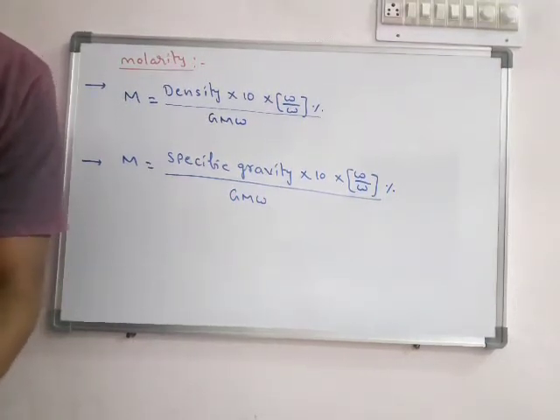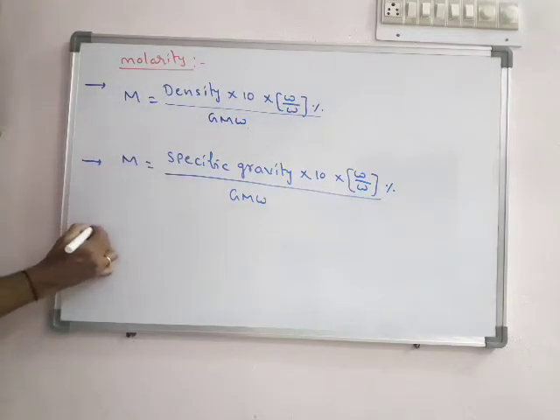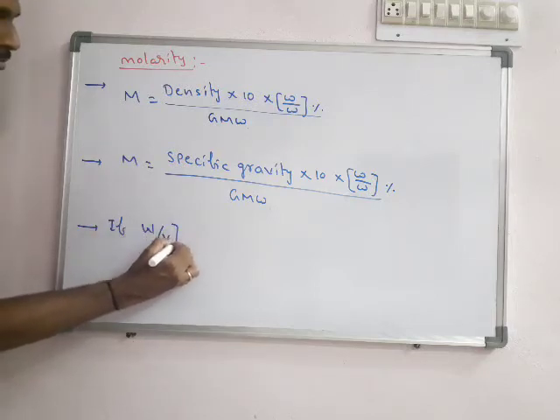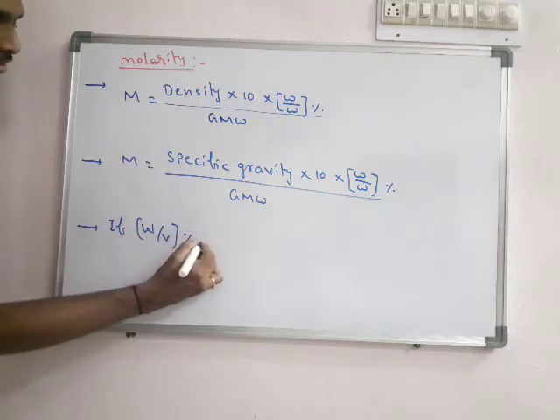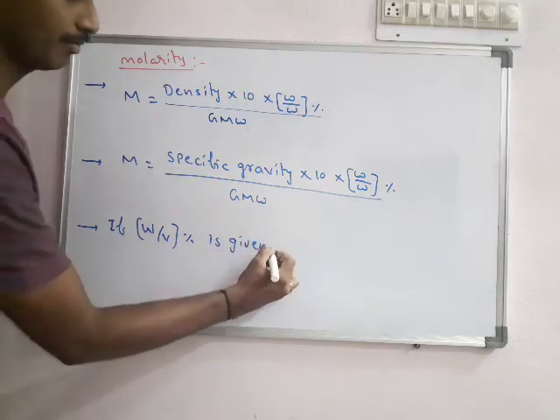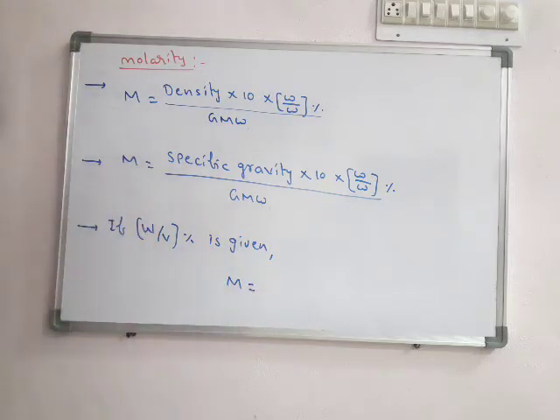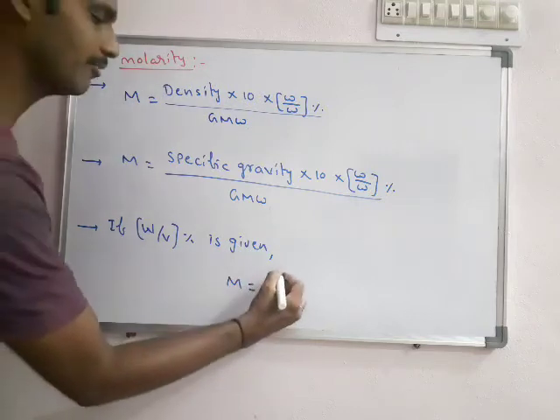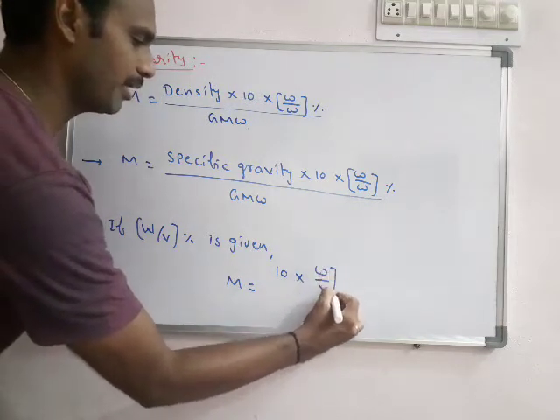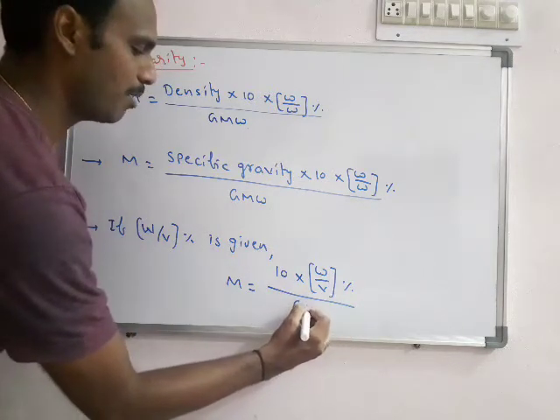Here is one more formula, that is if weight by volume percentage is given, then the molarity is equal to 10 into the weight by volume percentage value by gram molecular weight.